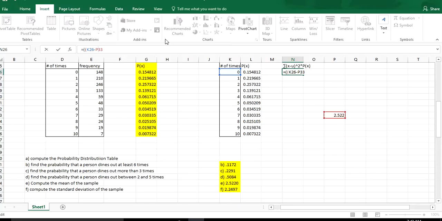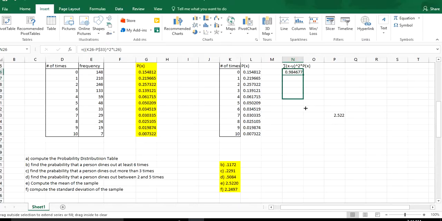So put your dollar sign in between. All right, put this to the second power times the probability of X. So right there. All right, close the parentheses. And bam. So now I'll go ahead and drag that down for all the values.